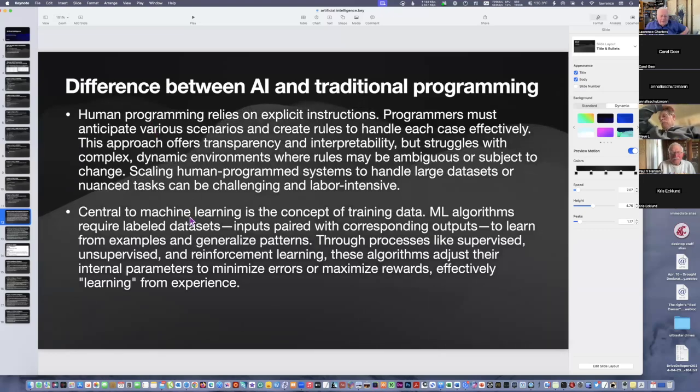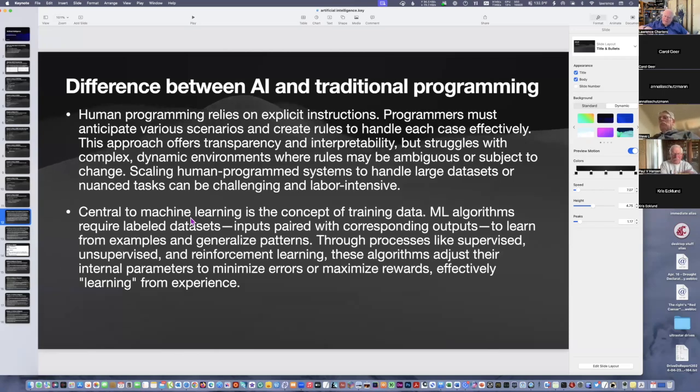In machine learning or artificial intelligence, you create programs that allow the program to teach itself. So an artificial intelligence program has routines in it that allow it to ingest information and use that to change its own logic.